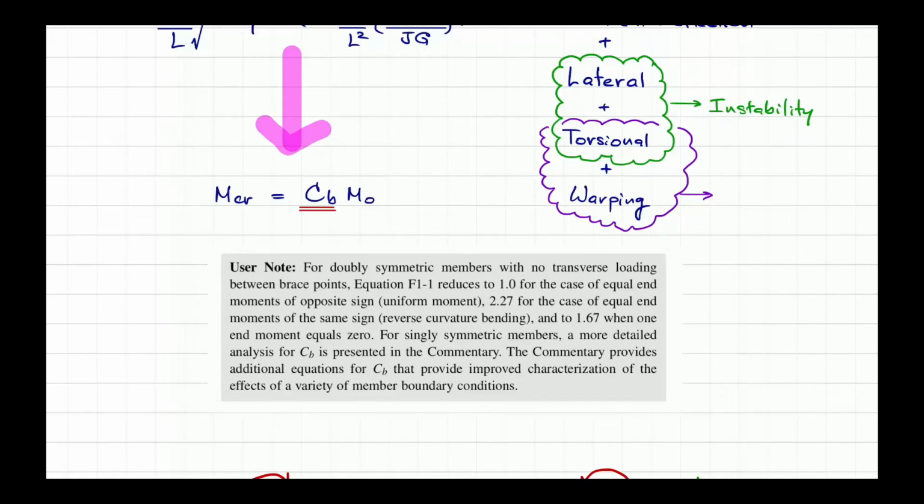Basically, if you want to really understand this behavior, you can use finite element. Having finite element, you can construct the steel cross section using shell or plate elements.